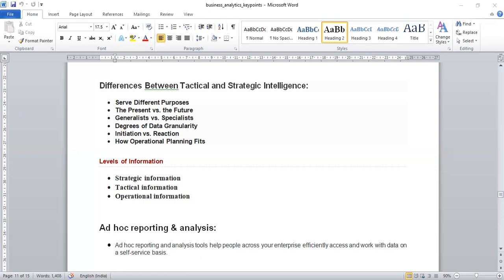So you can say strategic is doing the right things, tactical is doing things right. Strategic is doing the right things, that is trying to arrive at the best possible business decision. But tactical is doing things right.